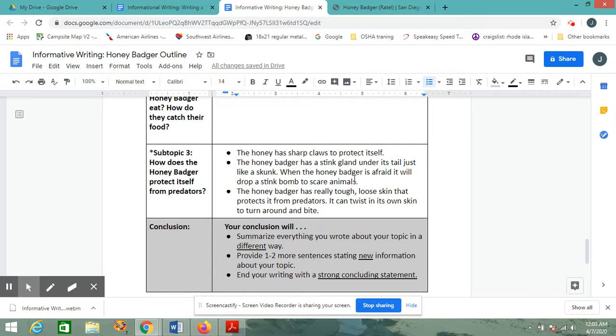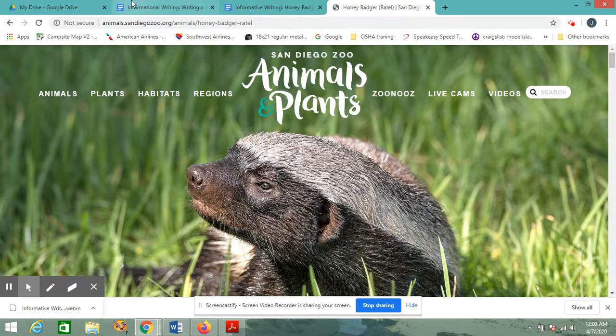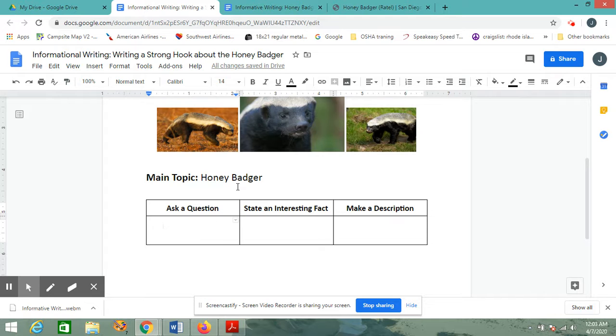When the honey badger is afraid, it will drop a stink bomb. That's kind of cool, so I think I might go with that. This one about the skin could be interesting too, but I'm going to go with the stink bomb. How could I turn that fact, that the honey badger drops a little stink bomb to scare away predators and bigger animals, into a question?